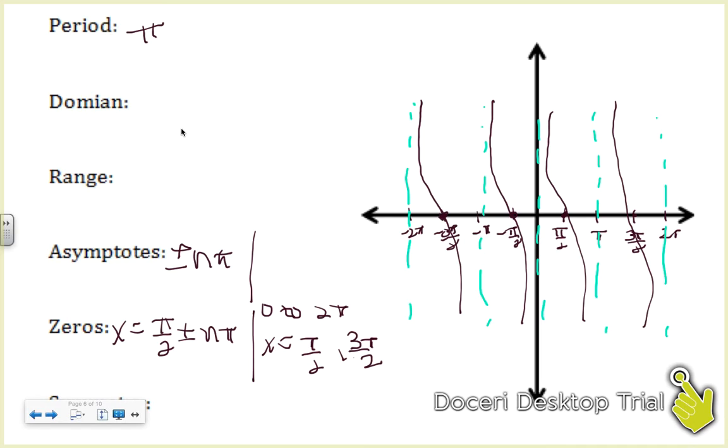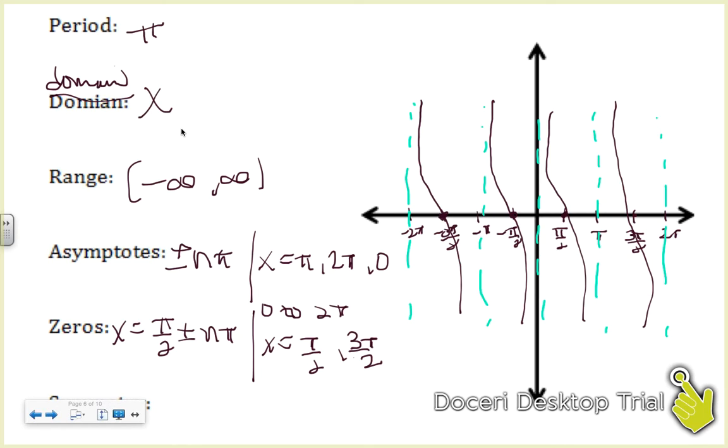So if you had to do the interval on your quiz, it would be x is equaling pi and 2 pi, and once again I keep forgetting the 0. Your range is still negative infinity to positive infinity, all real numbers. Your domain is going to be all your values except, and like I said, you probably should do set notation, but all your numbers except for your x values at plus or minus n pi.